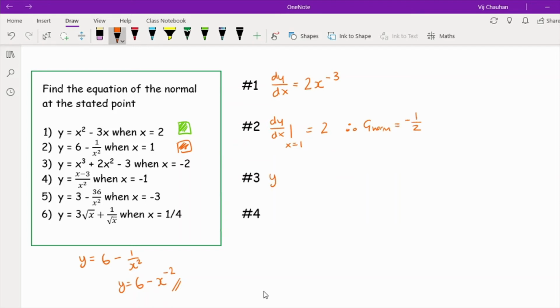Then finding the respective y ordinate, I've got 6 minus 1 over 1 squared, which gives me 5, which then gives me a coordinate of (1, 5).